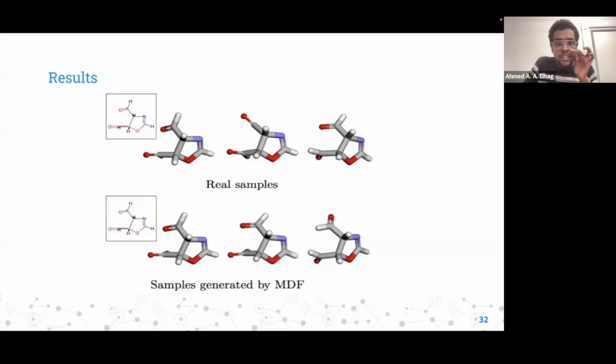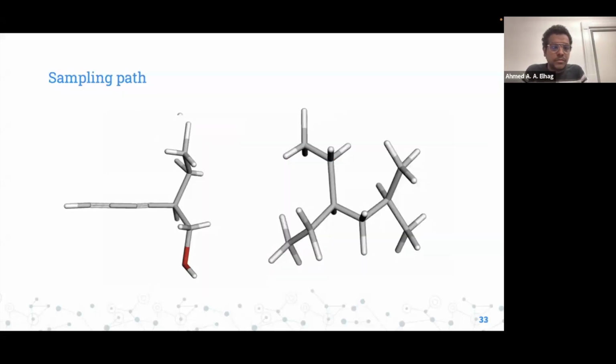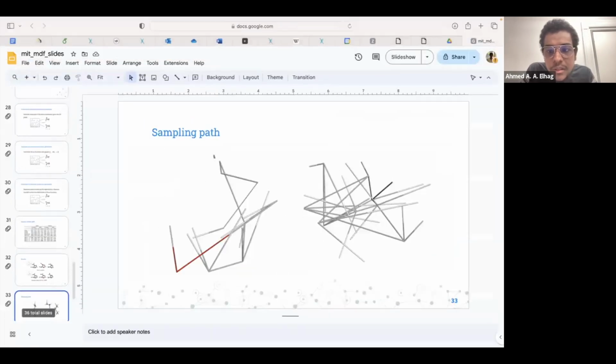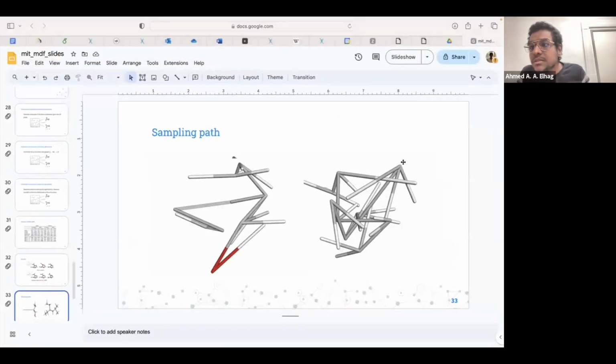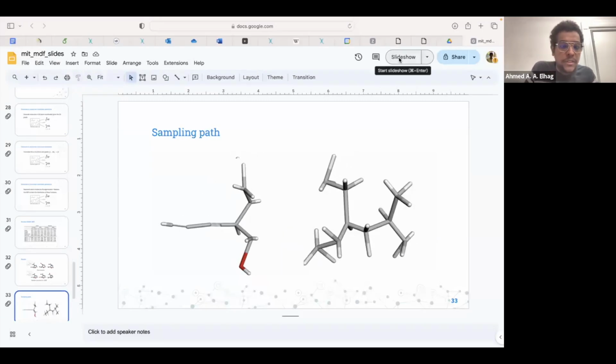And here are some visual results. You are given these 2D molecules, and then you have different conformers. This is the real samples, and here are our samples by MDF. I think this should be an animation or something. Yeah, it's the sampling path.